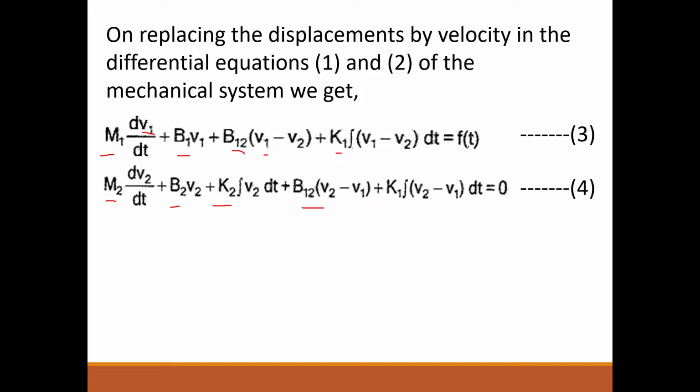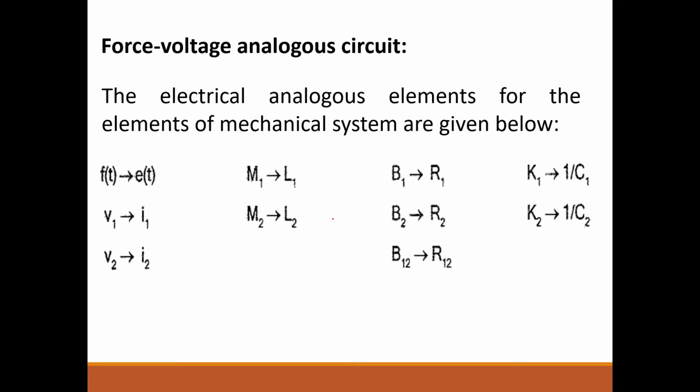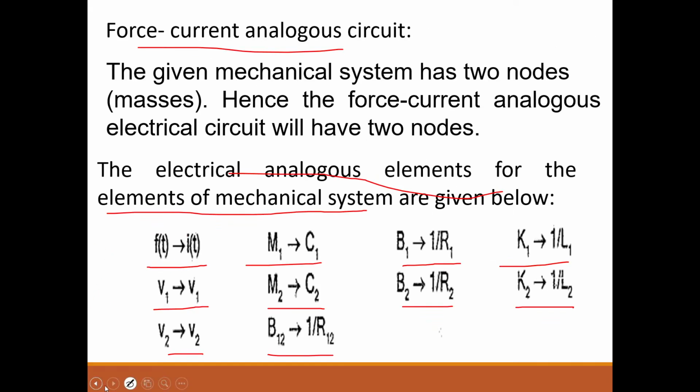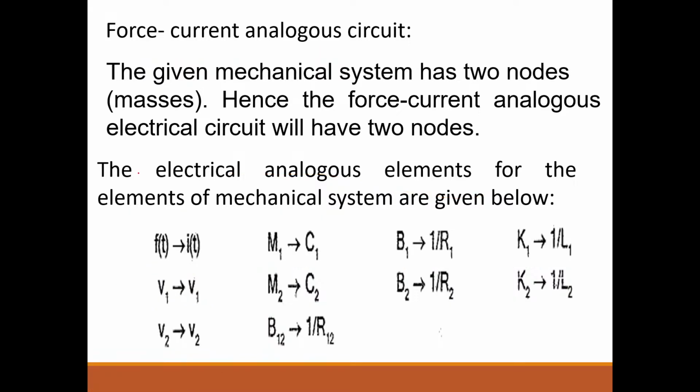Whatever terms are there, f of t, all these terms you write and leave it, and after that in front of them, from the table, write all those terms: f of t, v1, v2, m1, m2, b12, b1, b2, k1, k2 from equation 3 and 4, and then from the table write their analogous terms.